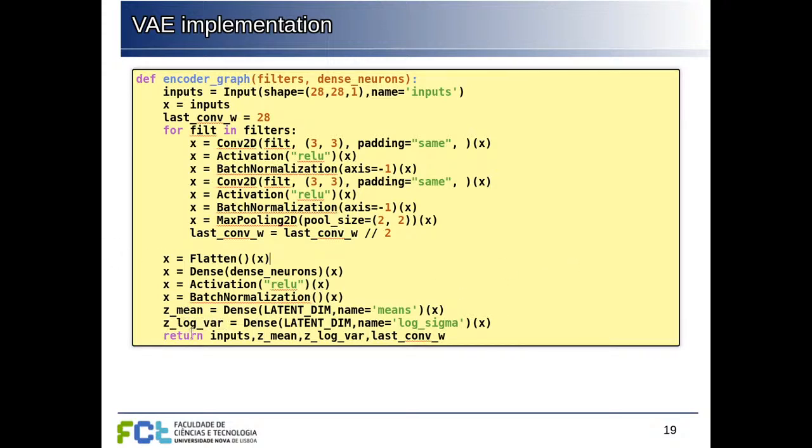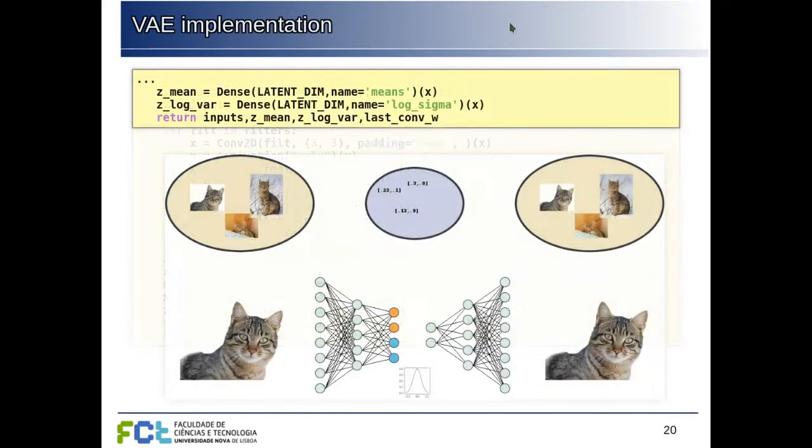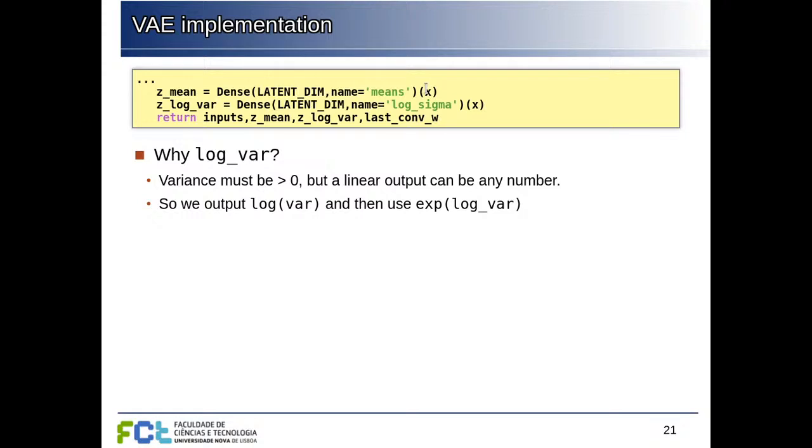However, we are going to use the logarithm of the variance, and the reason for this is that variance must be larger than 0. It doesn't make sense to use a negative variance. We have a linear output on those neurons because we don't want to constrain that value arbitrarily, but we can consider that the output is the logarithm of the variance.